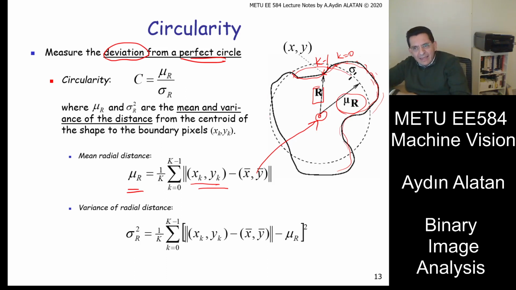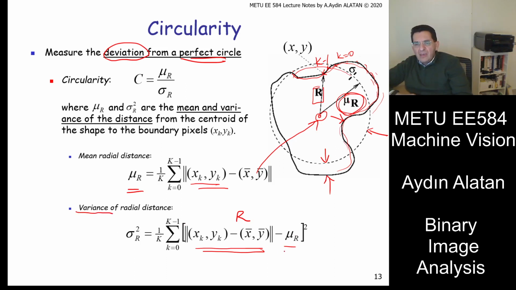Now, the second thing is how do you fluctuate from this radius, okay? Therefore, what are the distances? Then what you do is you subtract this r from this mu r, and take the square, like a variance kind of concept.